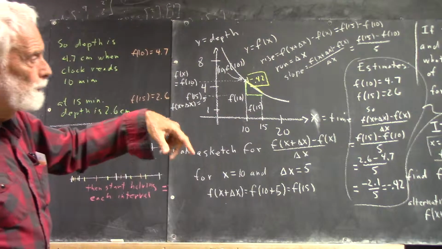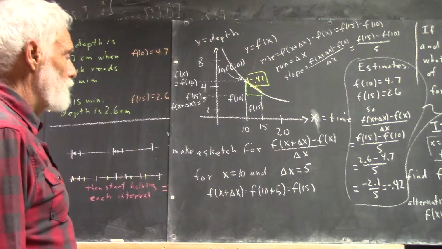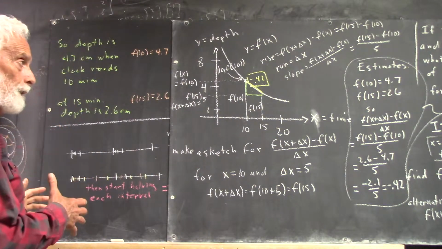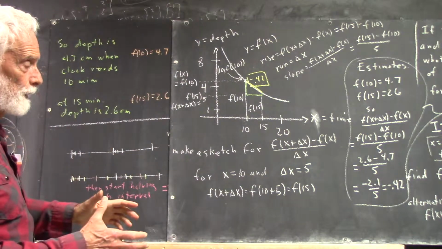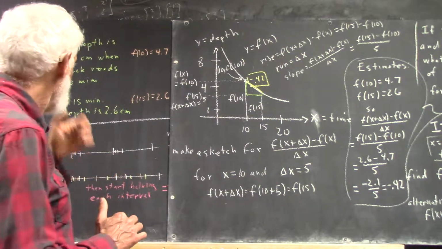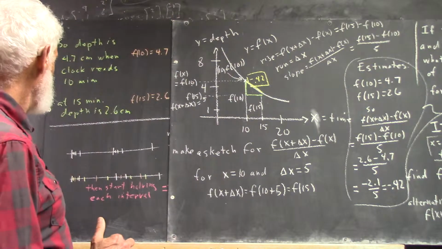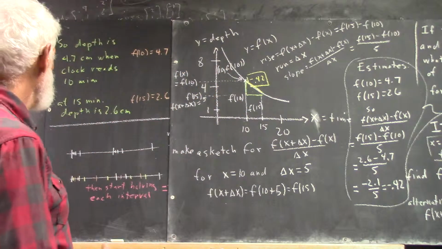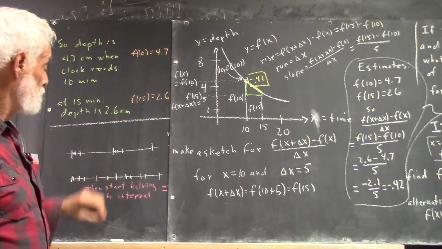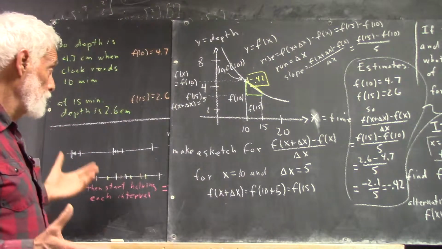Now, the difference quotient tells you then that the depth changes from 4.7 centimeters to 2.6 centimeters in a time interval of 5 minutes. So you can calculate the difference quotient using those values and using those units.